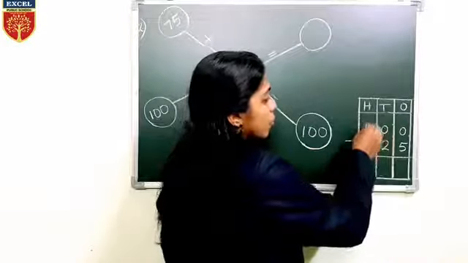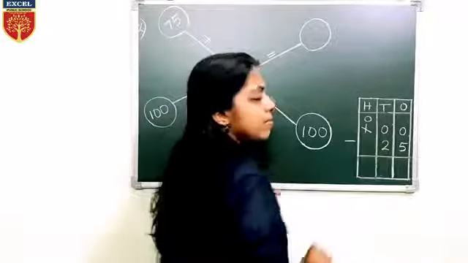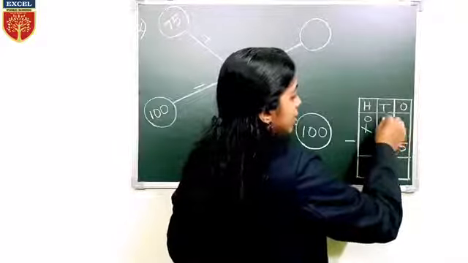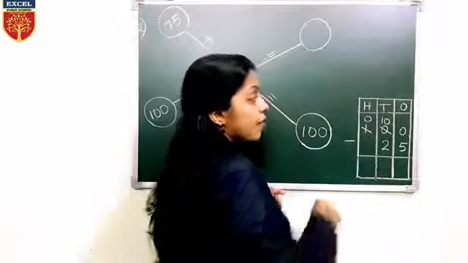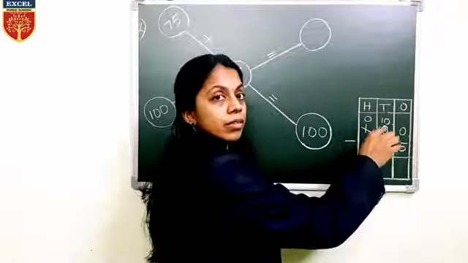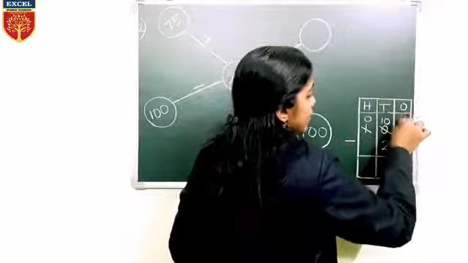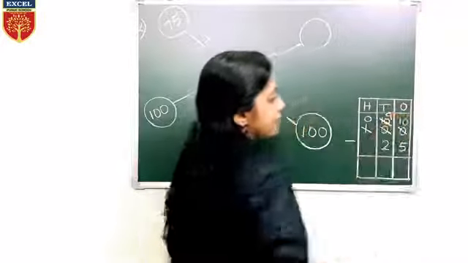So borrow from here, hundreds place. Then this 1 becomes 0. That one will go to this 0 and this 0 becomes 10. And from that 10, this 0 will get 1. So this 0 becomes 10 and this 10 becomes 9.